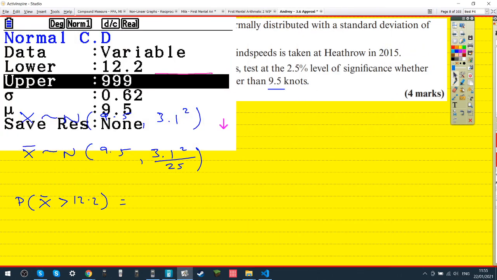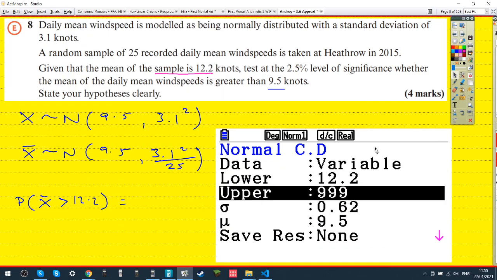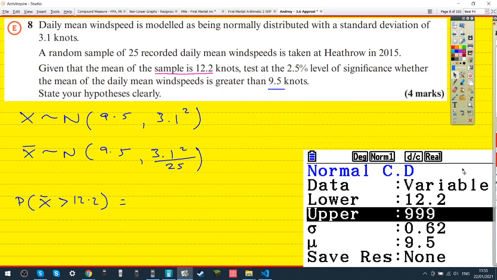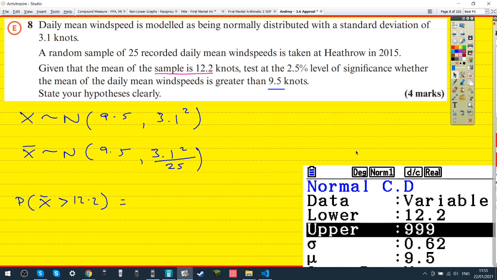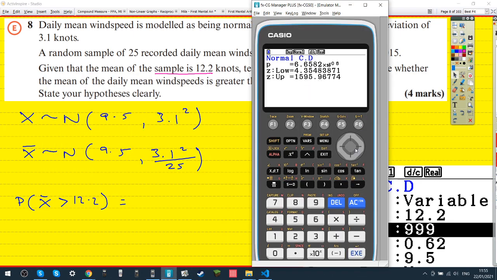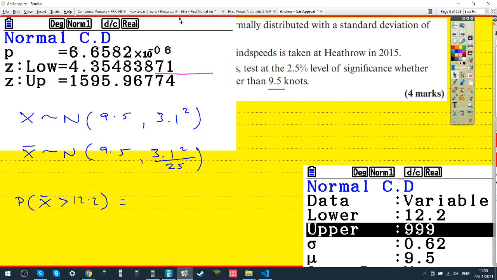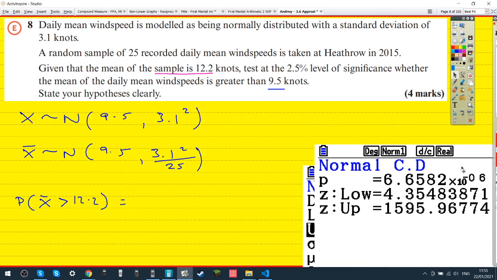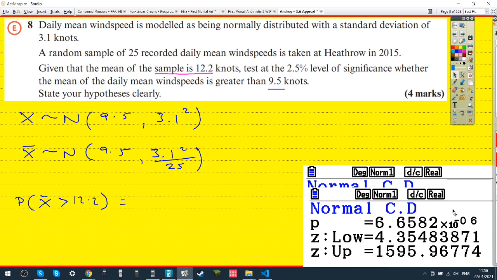So what was that probability? If you swap the two means around, 6582 times 10 to the minus 6.